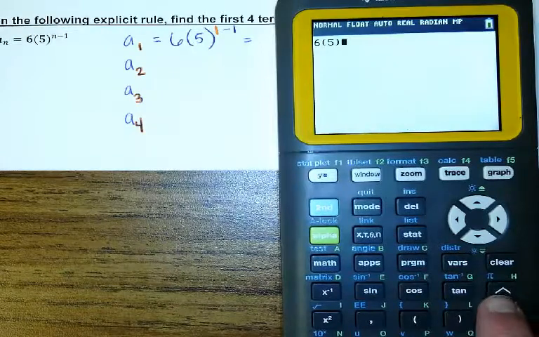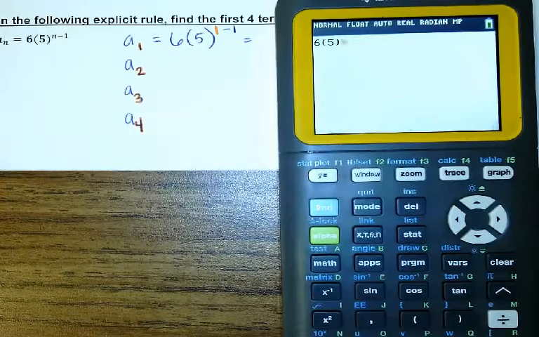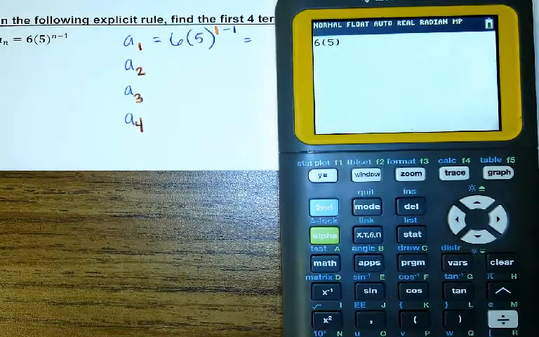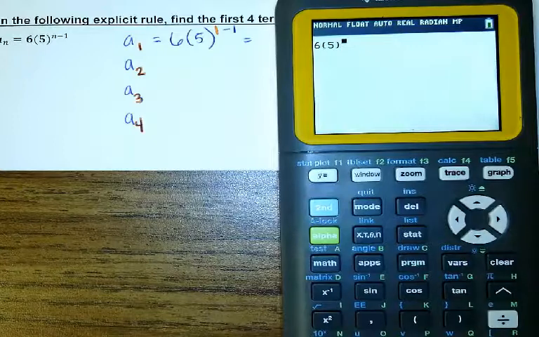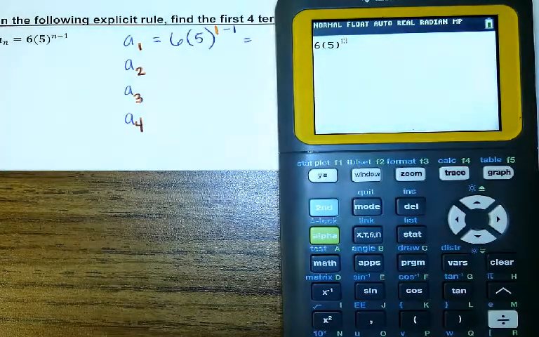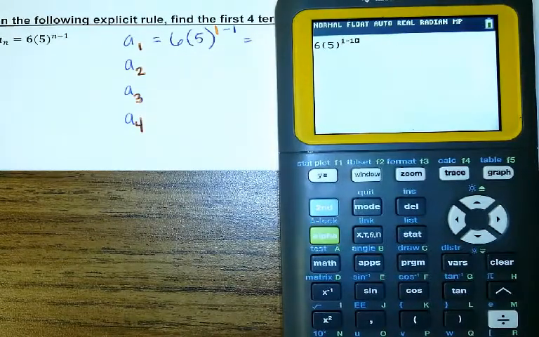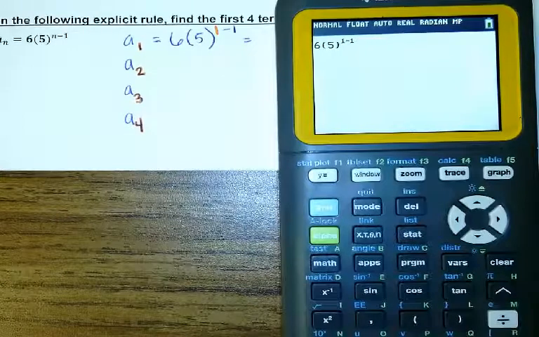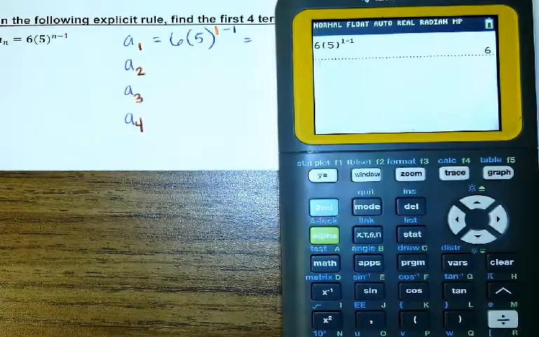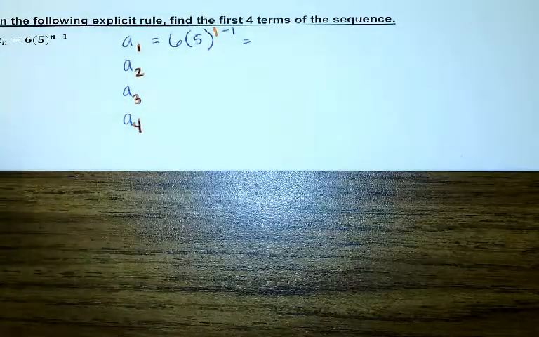I call it a caret top because it pushes it up. So when you push that, it pops it up in the exponent, and you can actually write stuff in the exponent there. So I would type in 1 minus 1. You could also simplify it and just type 0, right? But when you do that, you get 6. So my answer here for a sub 1 is equal to 6. Are you guys comfortable with that?